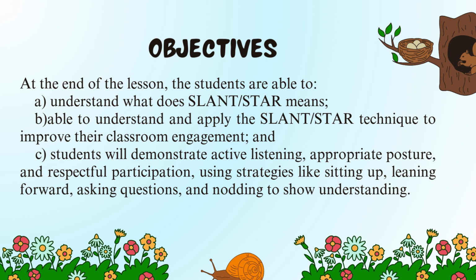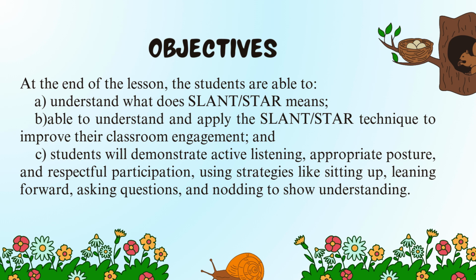They would also be able to understand and apply the SLANT or the STAR technique to improve their classroom engagement, and the students will demonstrate active listening, appropriate posture, and respectful participation using strategies like sitting up, leaning forward, asking questions, and nodding to show understanding.